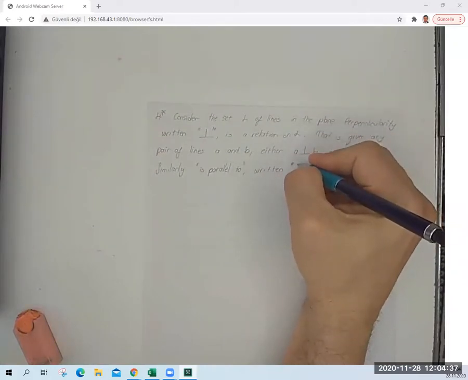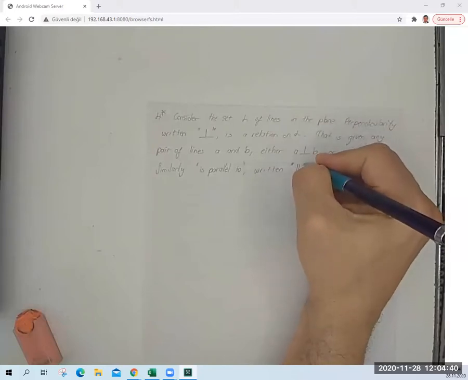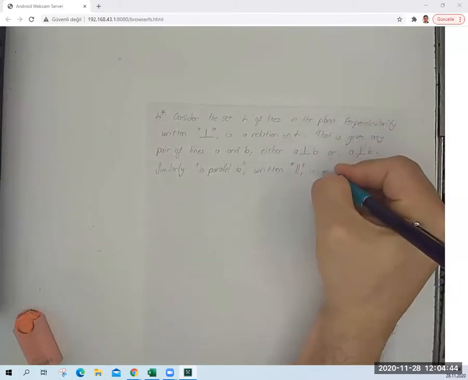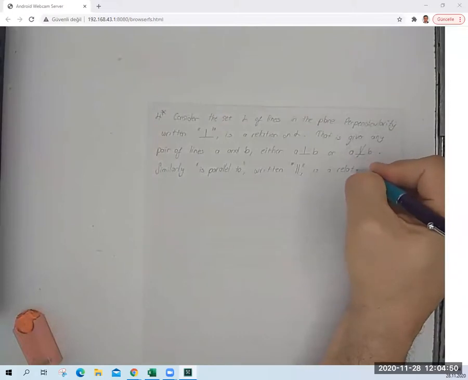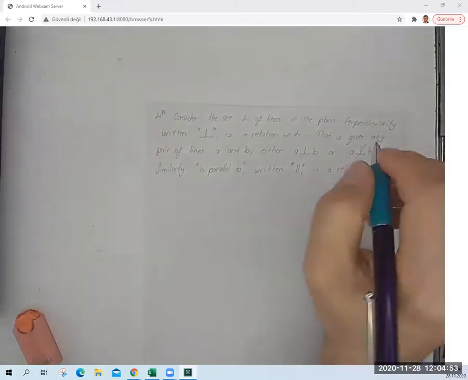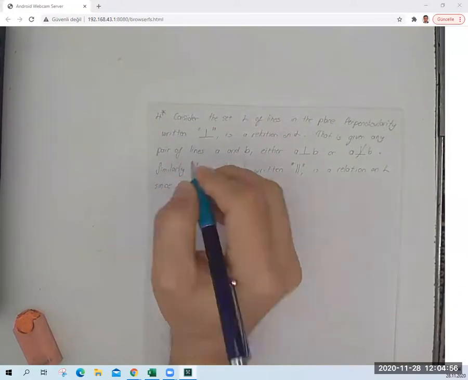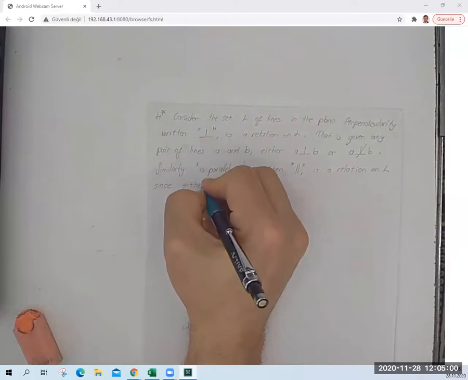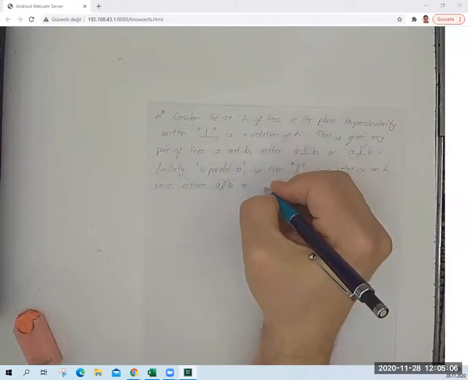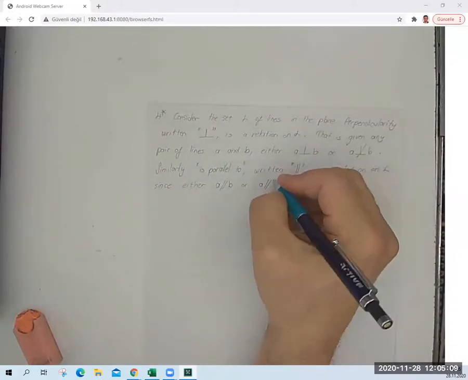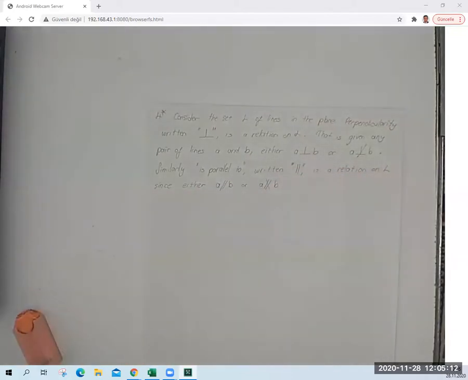Parallel to line is a relation again on L, since either A is parallel to B or A is not parallel to B. So we saw some definitions of perpendicular or parallel. Okay, next one.